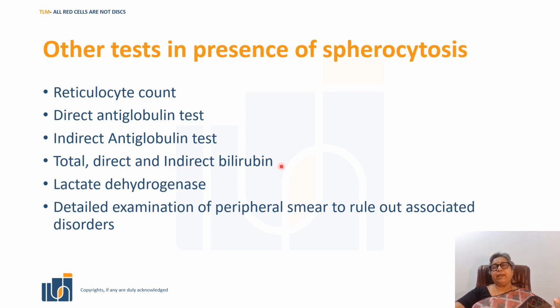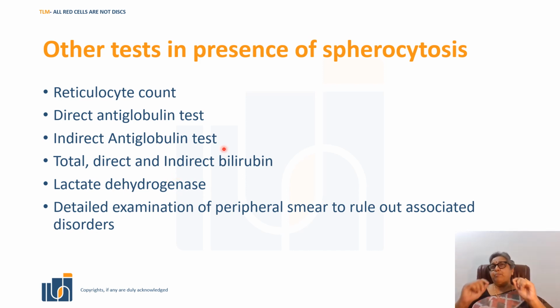Total, direct and indirect bilirubin. Obviously, when you're looking at a case of hemolytic anemia, the total bilirubin will be increased, as is the indirect fraction, which signifies hemolysis. Lactate dehydrogenase again will be similarly increased.